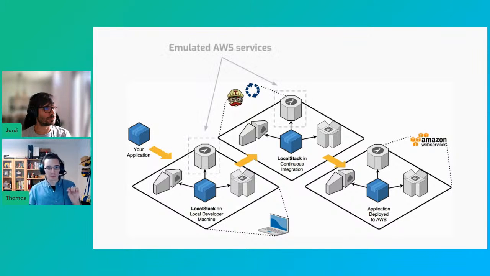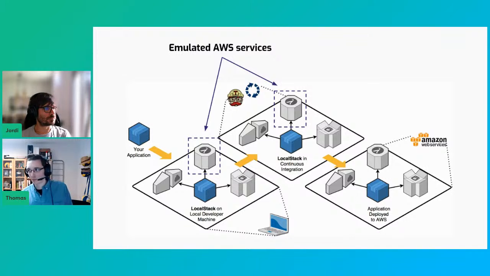LocalStack provides these emulated AWS services, and they speed up your development workflow because, first of all, you don't need to deploy your application to the cloud, which can be slow. You can just run it on your laptop. And you'll see later in the demo that our emulated services also respond quicker than those in AWS. So, you can run your Lambdas or connect your SQS queue to your SNS topics and so on.